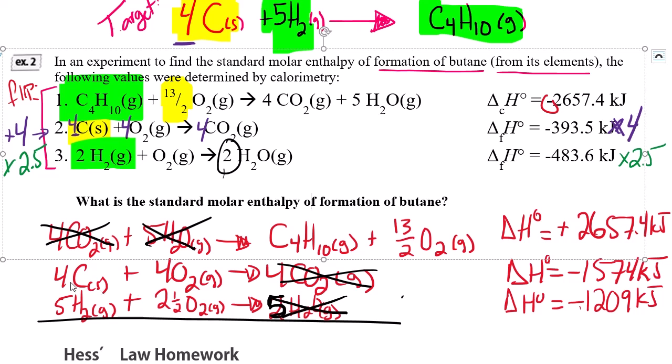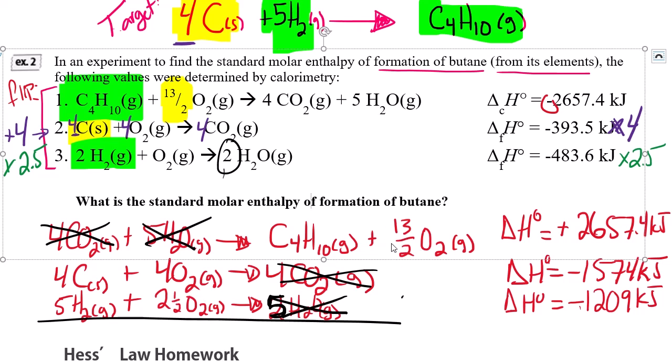Then my carbons don't cancel, my hydrogens don't cancel. Let's see what's going to happen with my oxygens. So I've got 4 oxygens here. I've got 2.5 oxygens here. I've got 13 halves over here. Now, we can see what's going to happen with these one of two ways.